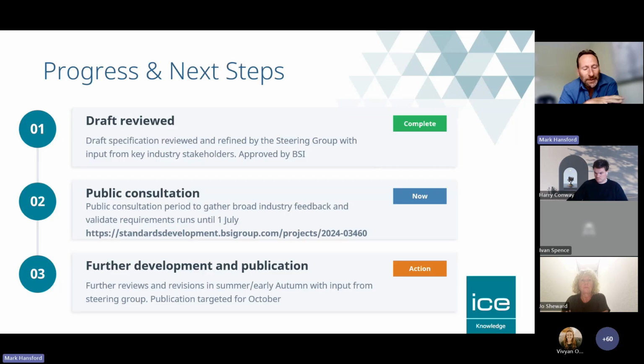It brings together people from across academia, trade bodies, institutions, the whole value chain, to make sure that everyone's view is included. And that has got us to a place where we are now out to consultation.